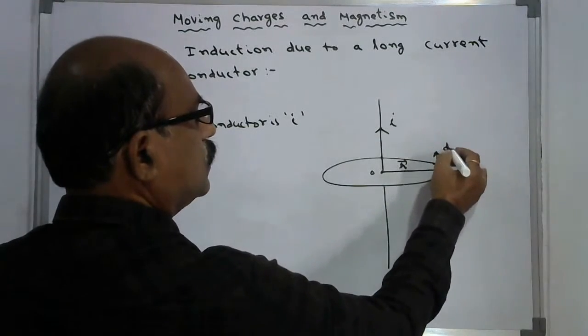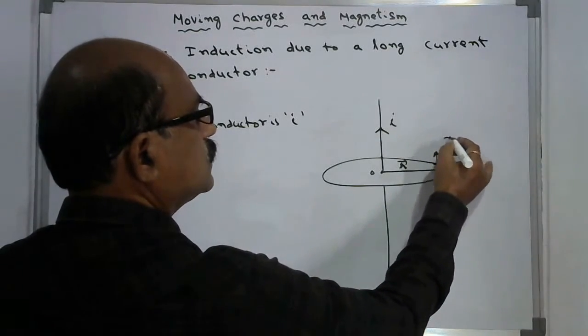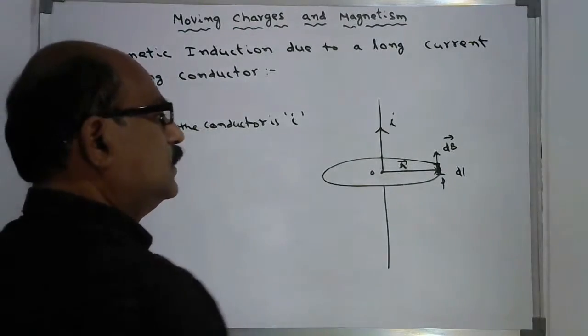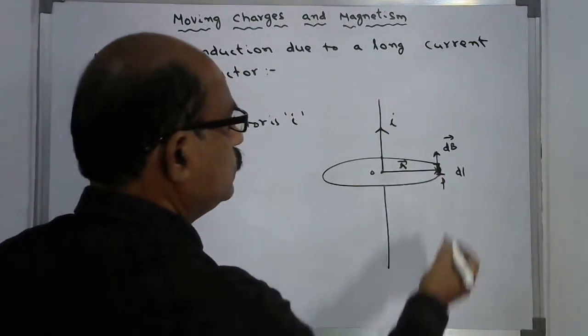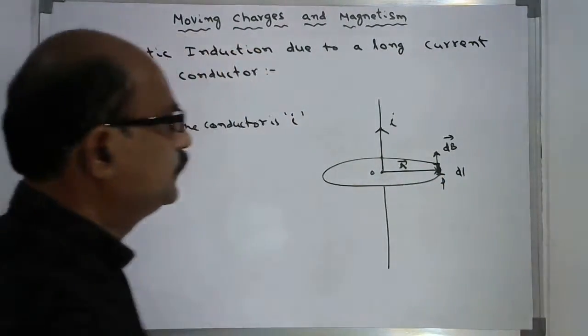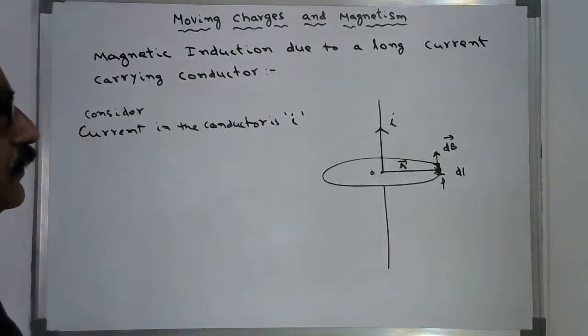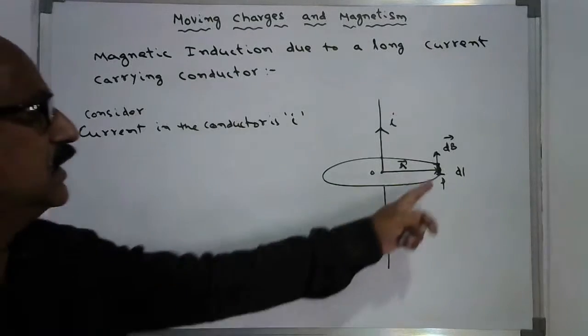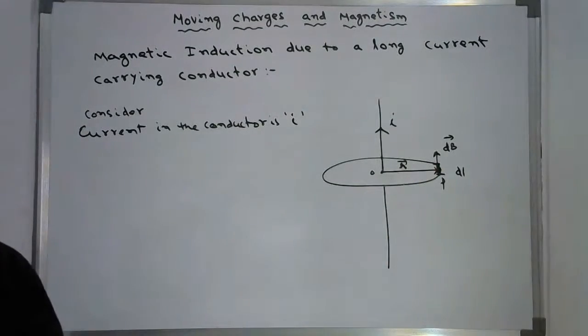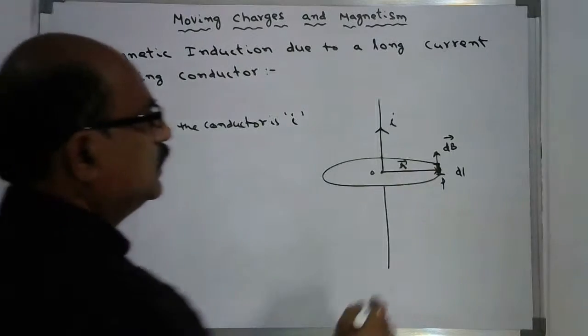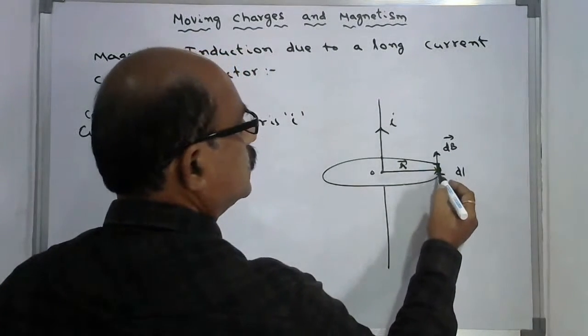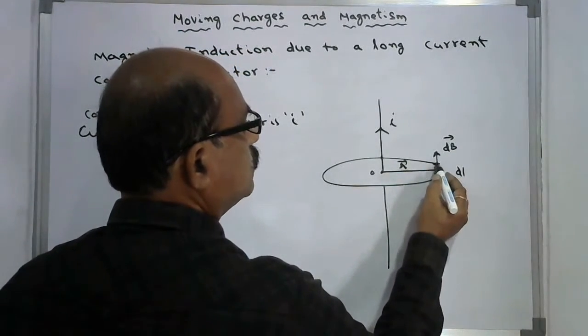The small magnetic field is dB. And I would like to find the magnetic field at this point P using Ampere's law. We can determine the magnetic field at this point. So what is the angle between this magnetic field and position vector?